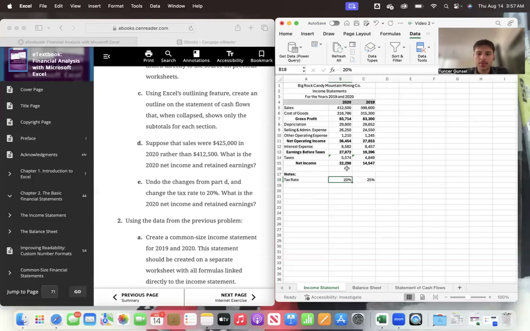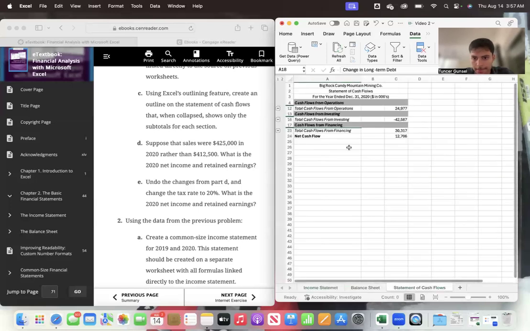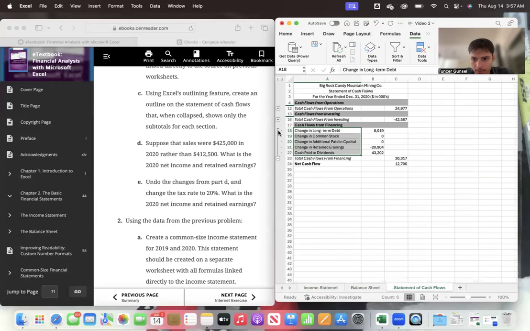So the net income becomes 22,298, and our retained earnings change as well, as you can see here.